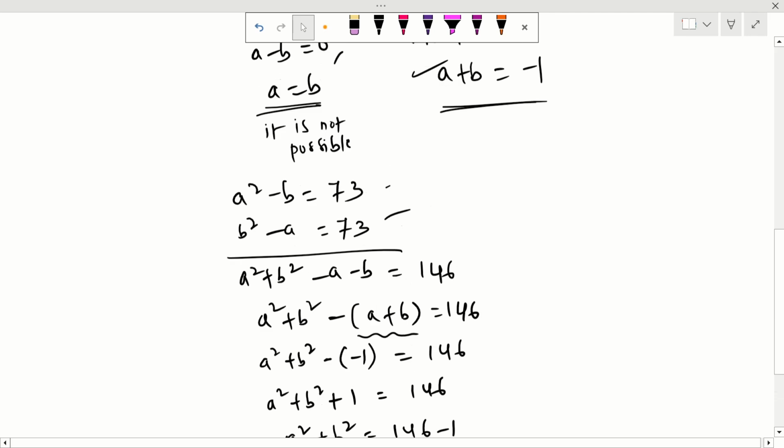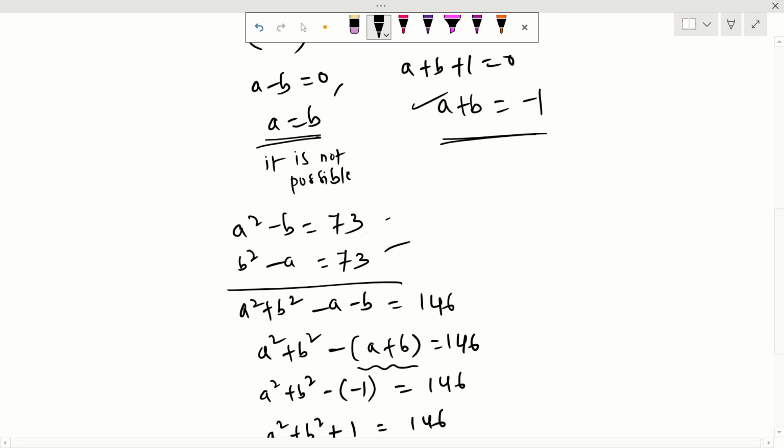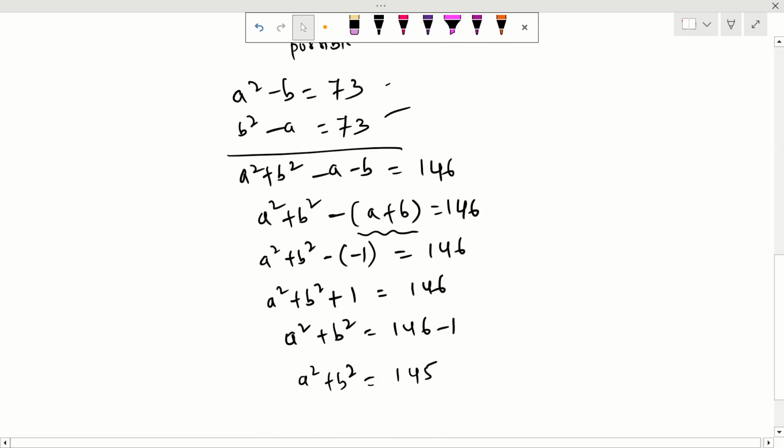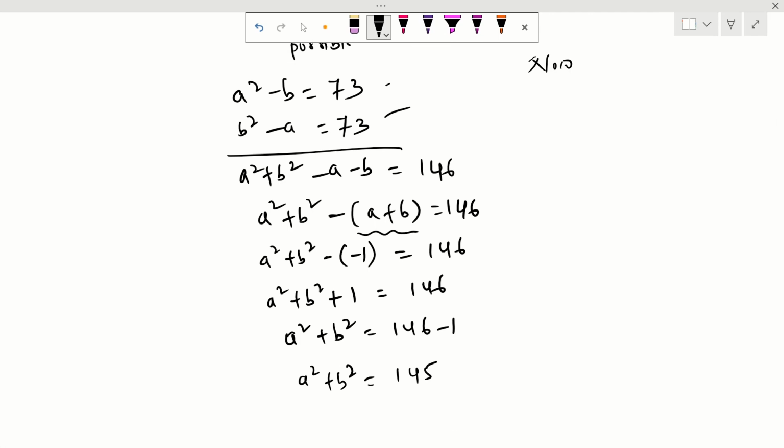Now from this term, we know A plus B is equal to minus 1 from the previous expression. Now squaring both sides, A plus B whole square is equal to minus 1 whole square.